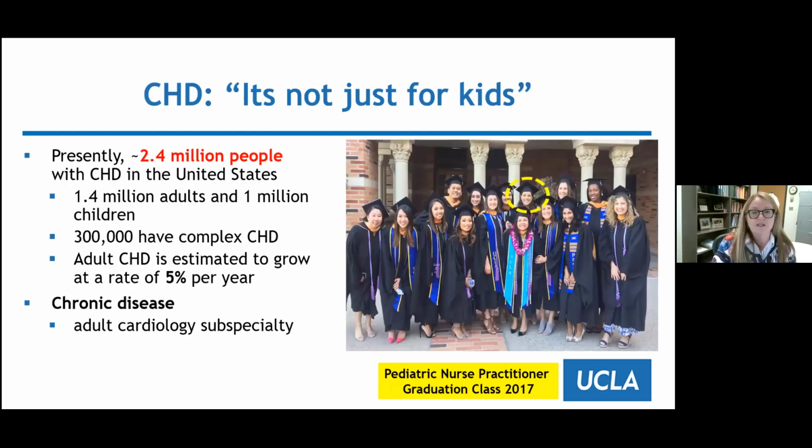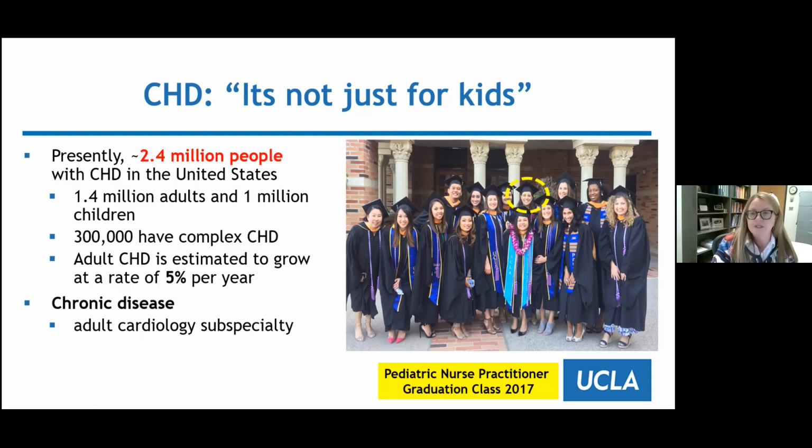Congenital heart disease is not just for children anymore. And presently we have 2.4 million people with congenital heart disease in the United States. And it's 1.4 million adults and 1 million children. I've been giving lectures on congenital heart disease for probably the past 20 years of my career as a nurse practitioner in this area.